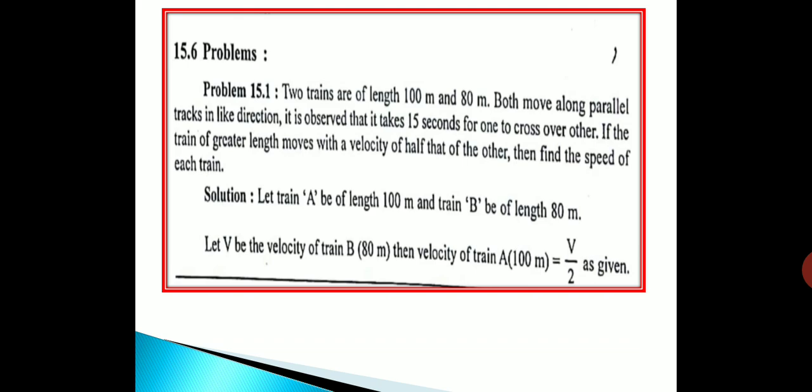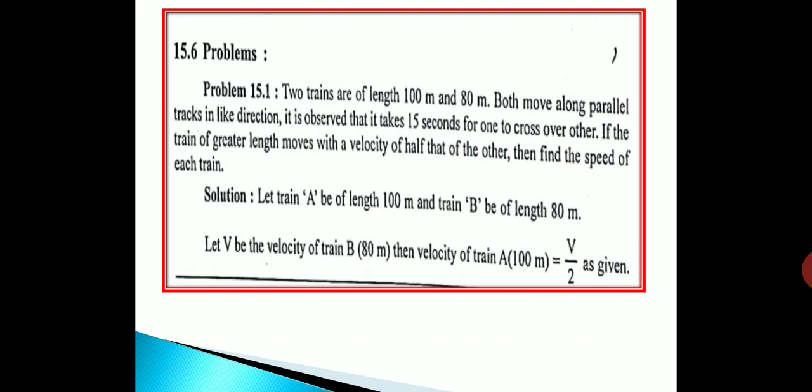If the train of greater length moves with the velocity of half that of the other, find the speed of each train. So here we want to find the speed. Basically, reading of the problem using lots of common sense is required. Further solution will be easy.